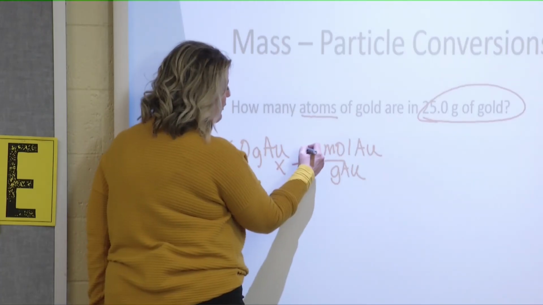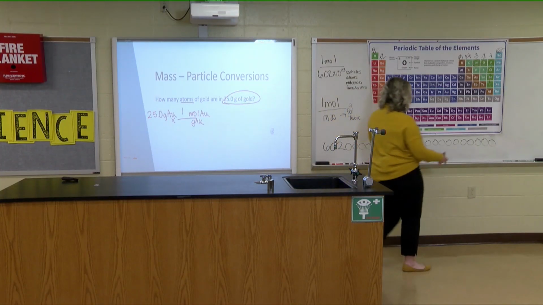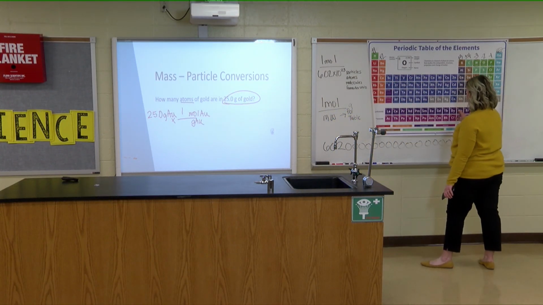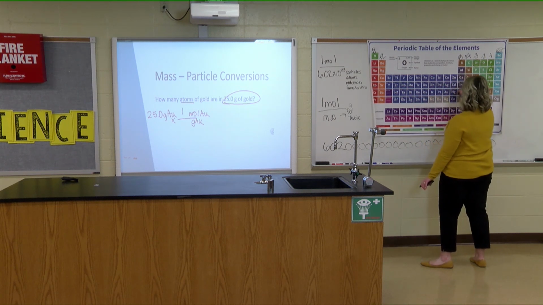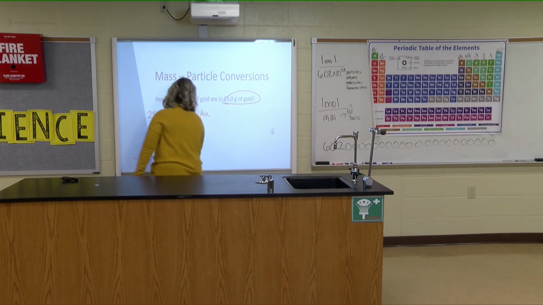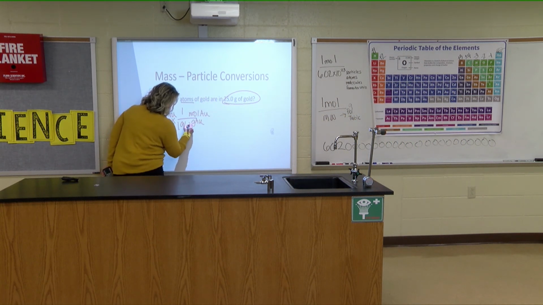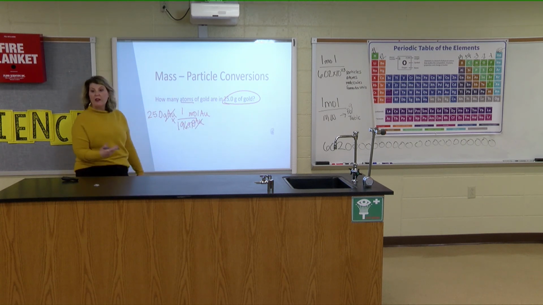When I have moles and grams together, moles is 1. Grams comes off the periodic table, and Au is 196.97. You cross out grams of gold and grams of gold, you're left with moles of gold.